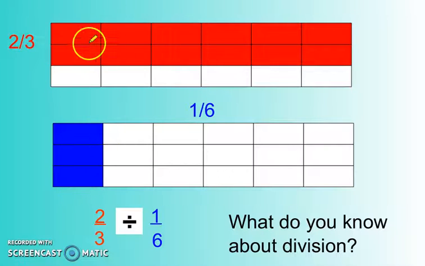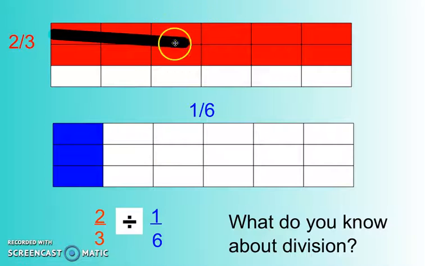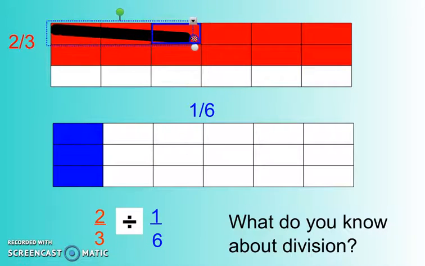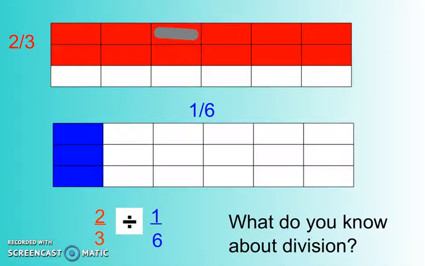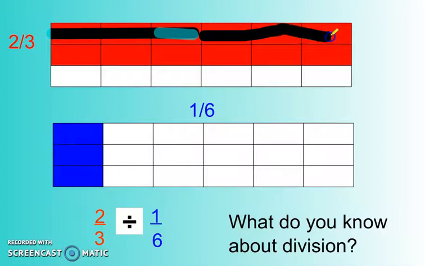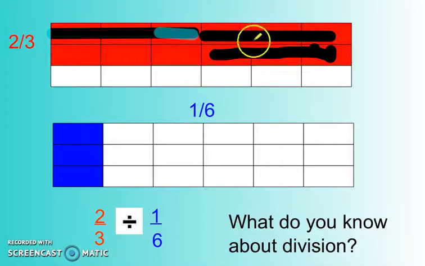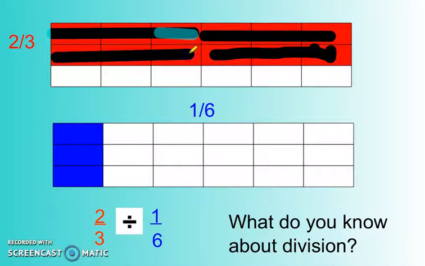So if I have, so this is 1/6, there's 1, then here's another 1/6, there's 2, and here's another 1/6, 3, and lastly here's another 1/6, 4.